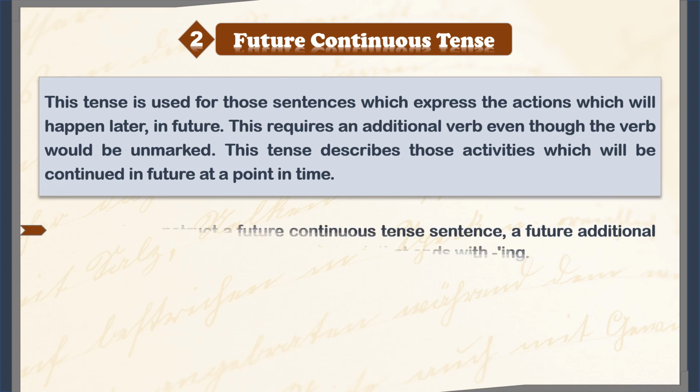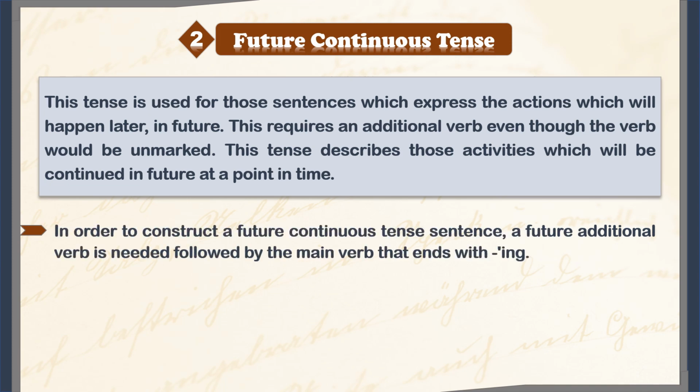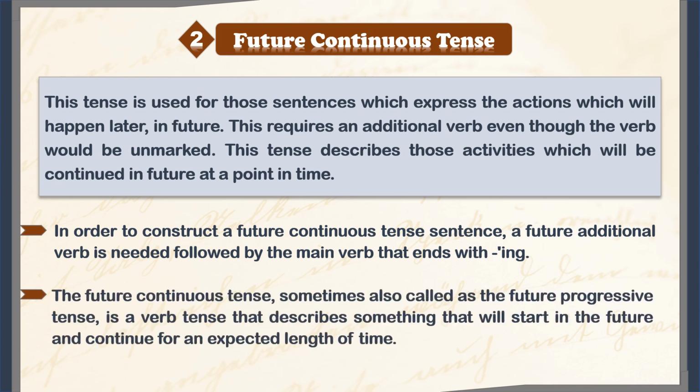In order to construct a future continuous tense sentence, a future addition verb is needed followed by the main verb that ends with ing. The future continuous tense, sometimes also called the future progressive tense, is a verb tense that describes something that will start in the future and continue for an expected length of time.